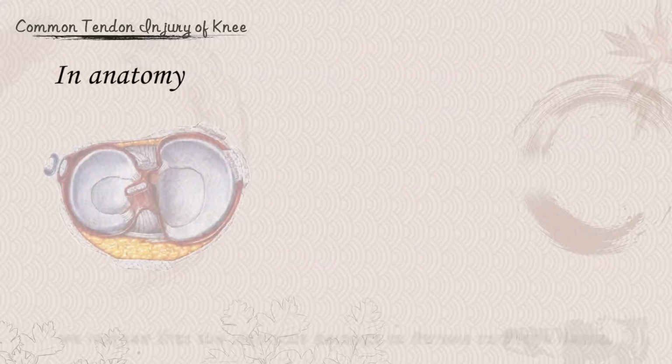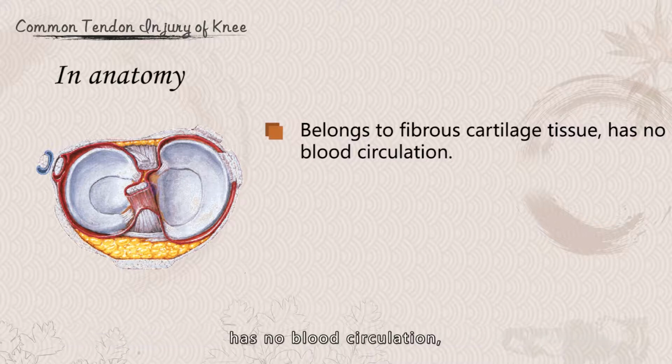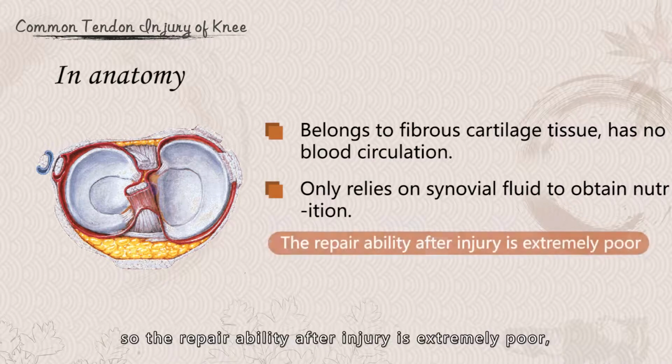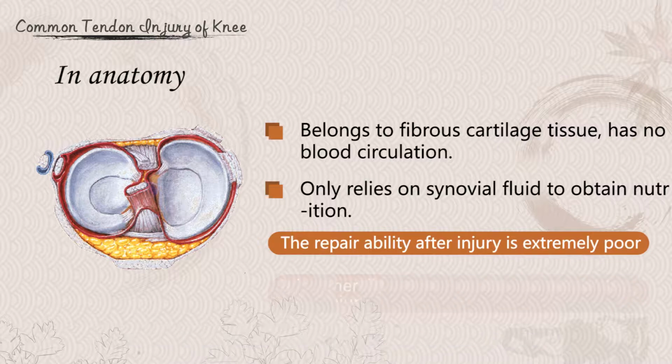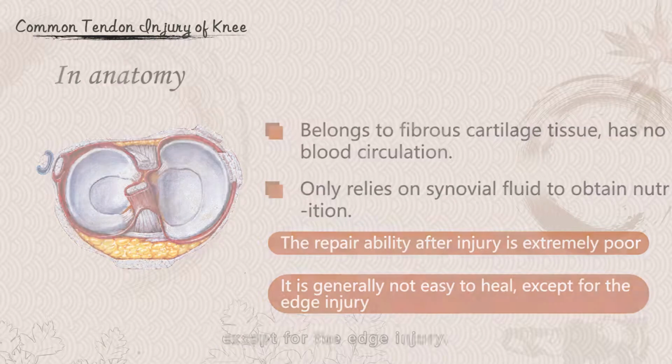In anatomy, we learned that the meniscus belongs to fibrocartilage tissue, has no blood circulation, and only relies on synovial fluid to obtain nutrition. So the repairability after injury is extremely poor, and it is generally not easy to heal, except for the edge injury.